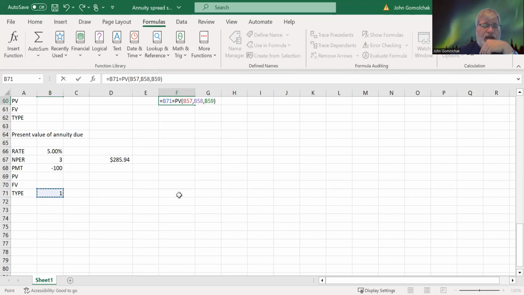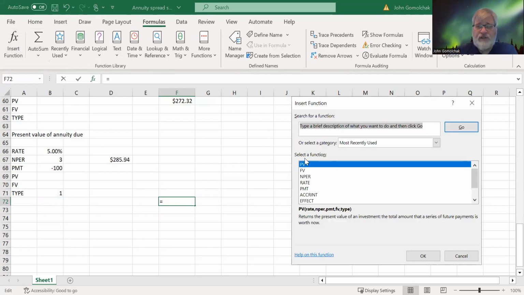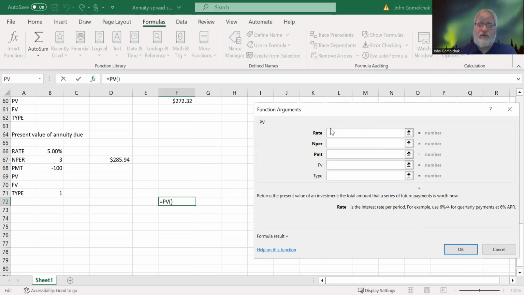Okay, so now if we set up, click our function insert, and we look at present value, just click present value, bring it through. We're going to have our input boxes there. Rate is going to be B66. Number of periods, B67.